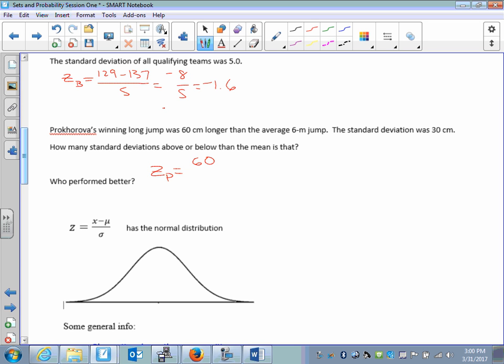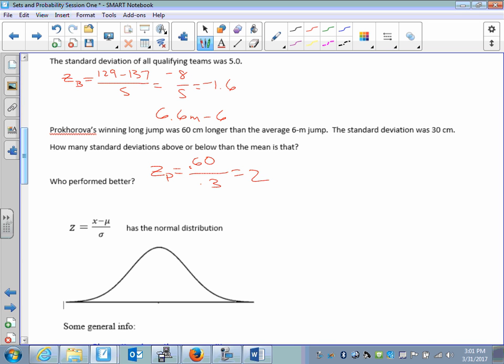Her jump must have been 6.6 meters minus 6 meters, which would have been the average. So we get 0.6 if we're doing it in meters, divided by a standard deviation of 0.3 meters, so we get 2. So Prokhorova's long jump was 2 standard deviations above the mean.